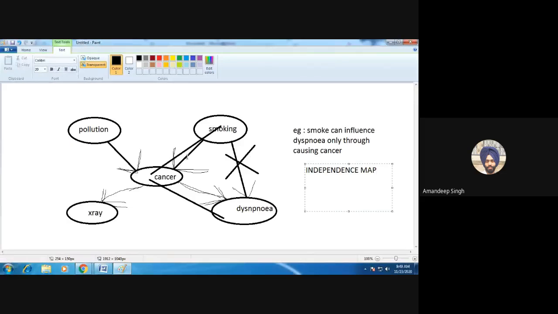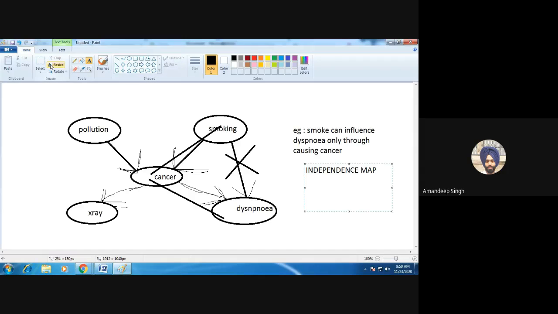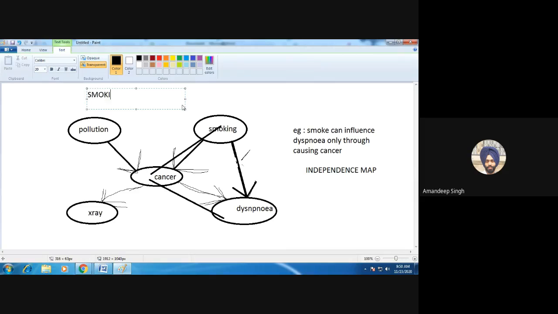In the diagram we considered for independence, if smoking causes cancer and then from the cancer there is shortness of breath, then that is an independence map. And if we are also given a direct link, that is, smoking also directly causes dyspnea, then this will be referred to as a dependence map, that is a D-map.